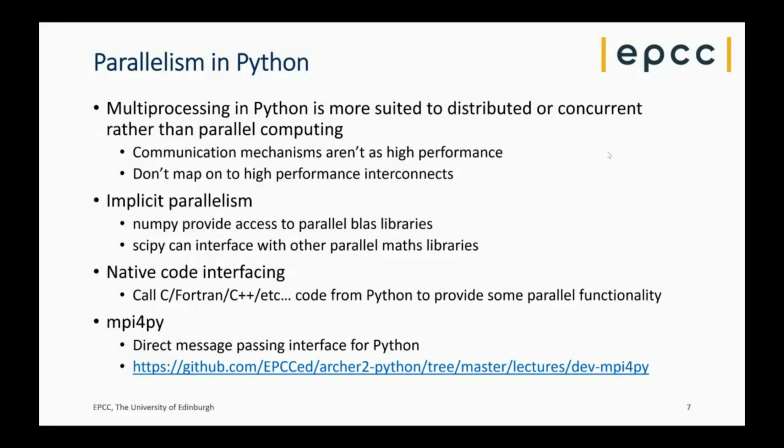So that's a sort of whistle-stop tour of parallelism, the default approach in Python, which is, yes, you can do parallelism, and you can either do it like we do it in other languages with MPI and just call into that, do a direct interface into it, or you can use built-in things in the Python language, but they tend to be a bit more restricted and not necessarily give you the kind of high performance we'd like on a system like ARCHER2.